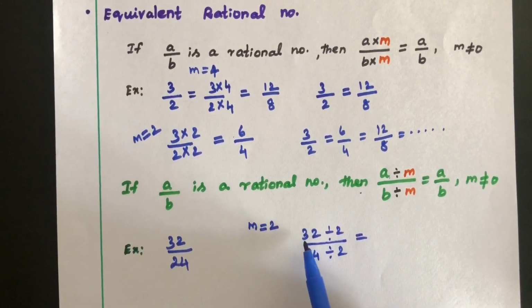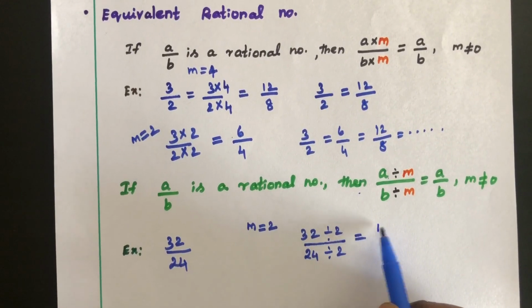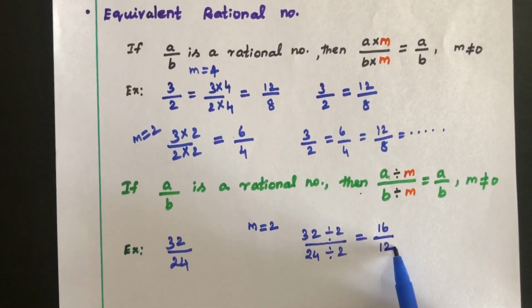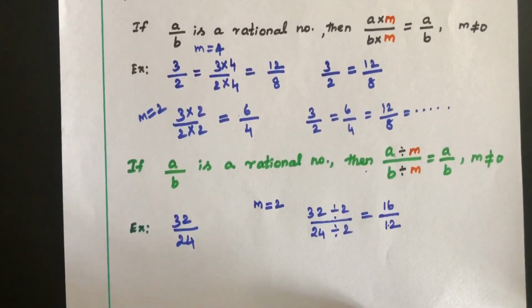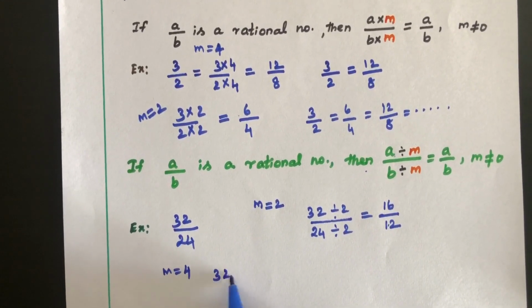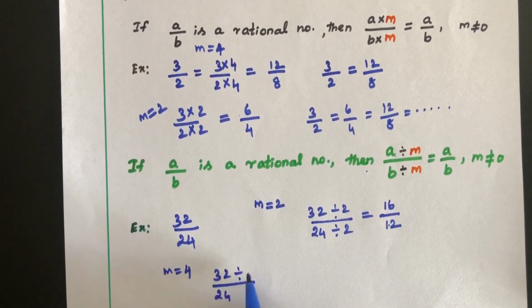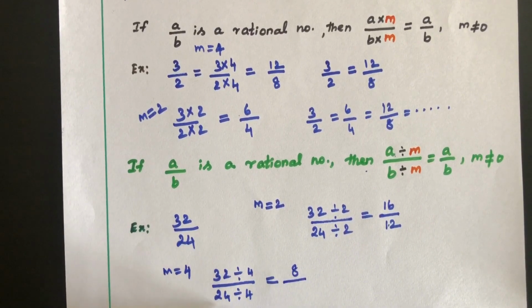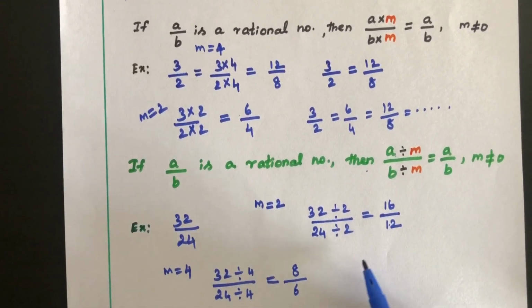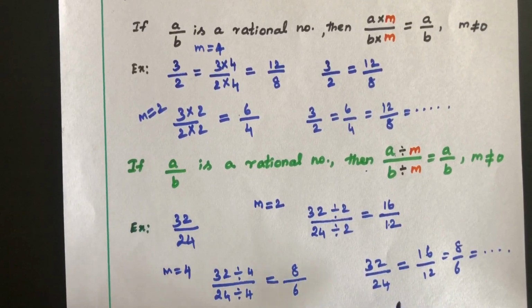We are going to divide the numerator and denominator by this 2. So 32 divided by 2 gives us 16, and 24 divided by 2 is 12. This is an equivalent fraction. Now take m equal to 4. We divide the numerator and denominator of 32 by 24 by 4. So 32 divided by 4 gives us 8, and here it will give us 6. So these are all equivalent fractions. These are all equivalent rational numbers.